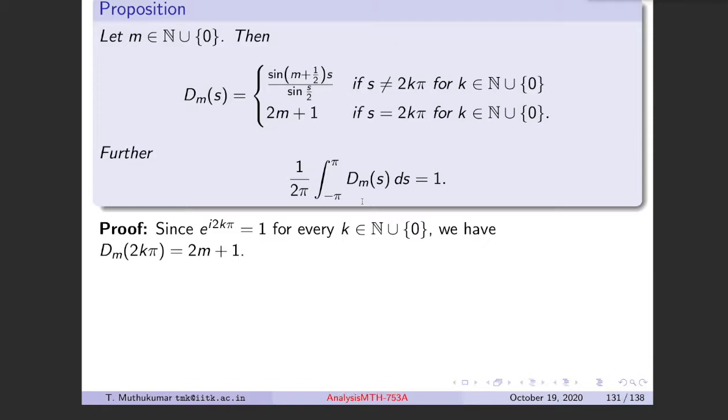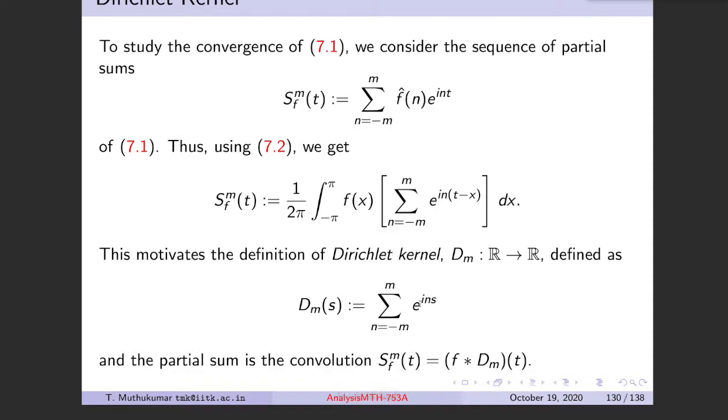To prove this, we know the property that e^{i2k pi} is 1 for every whole number k. So you compute D_m of 2k pi, where s is 2k pi, and use the definition here.